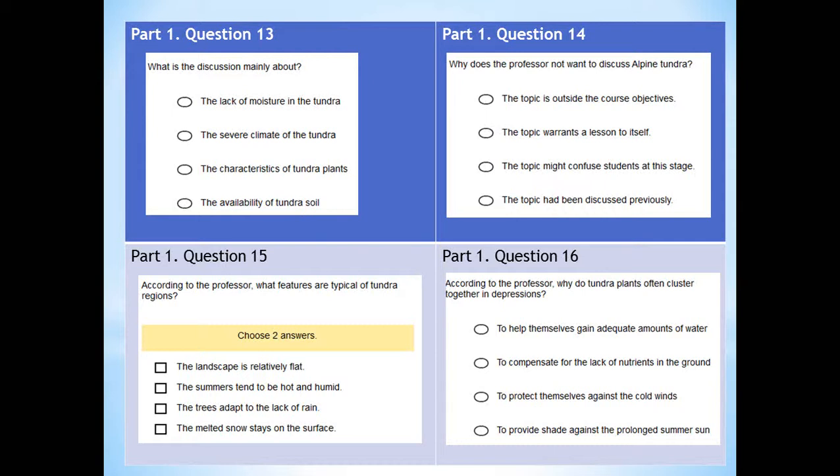What is the discussion mainly about? Why does the professor not want to discuss alpine tundra?